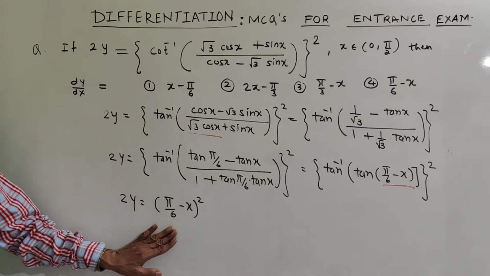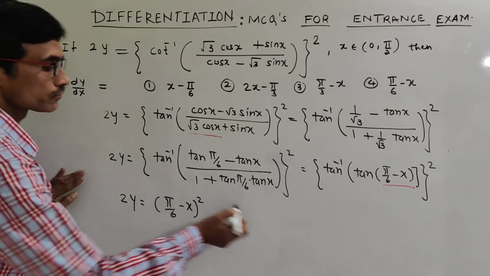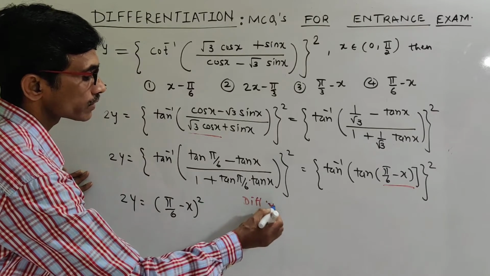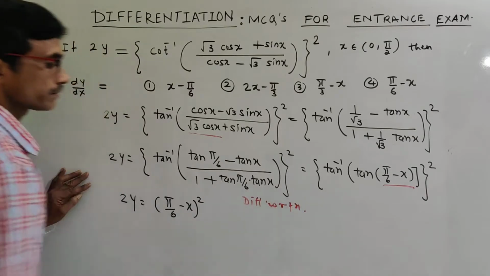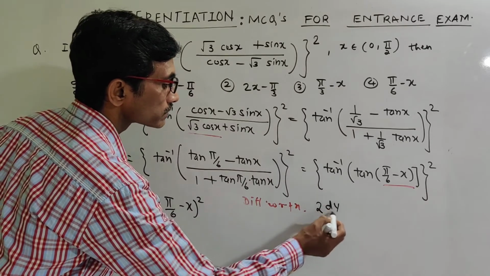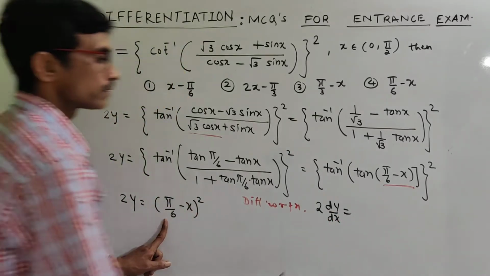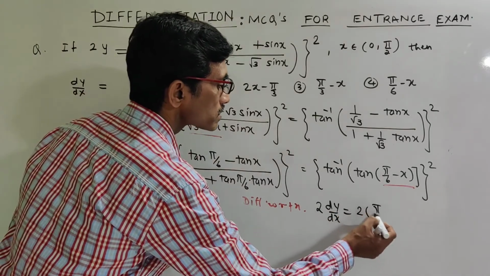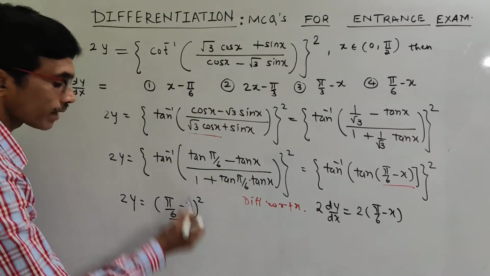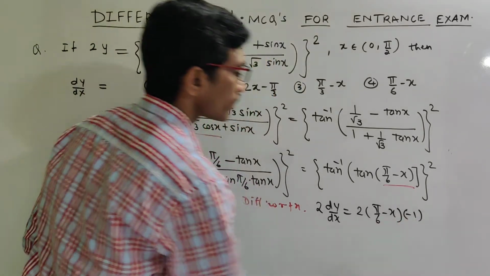Now after simplifying, we differentiate it with respect to x. Then left hand side will be 2 dy by dx and the right hand side, bracket square is there, 2 into (pi by 6 minus x) into derivative of (pi by 6 minus x), which is minus 1.